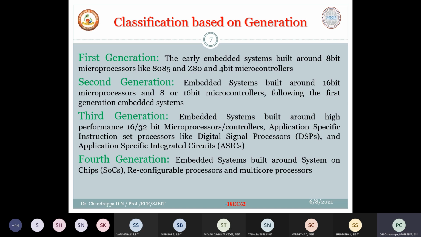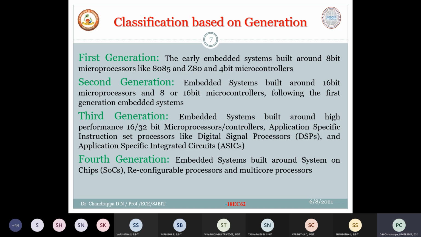After the first generation comes the second generation. Here they introduced embedded systems with 16-bit microprocessors, mainly concentrating on 8-bit microcontrollers, and it follows the first generation embedded systems.